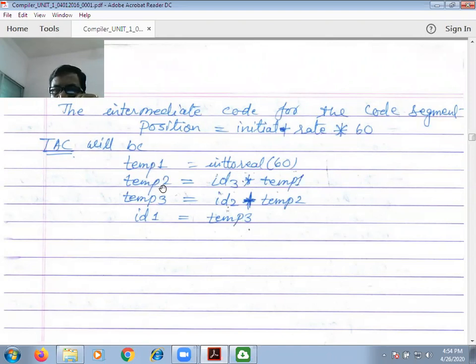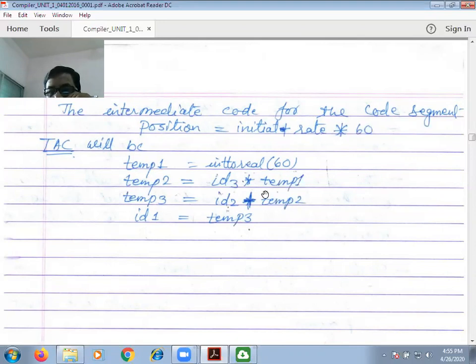Then temp2 is again a three address code, where identifier 3 is multiplied by temp1, the converted value of 60, and stored in temp2.